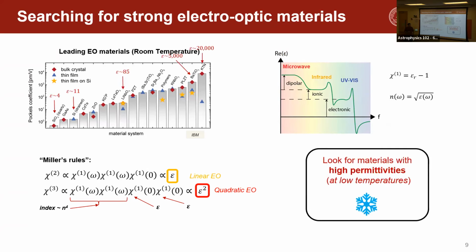And so then our problem in looking for a material that will display strong electro-optic tunability becomes really a problem of looking for materials that have large dielectric constants at low temperatures. And this is actually something that you can also check at room temperature. And indeed, you can see the materials that have the largest electro-optic Pockels effects are also the ones that have the largest dielectric constants, at least among this group.